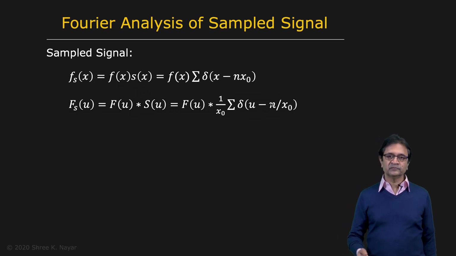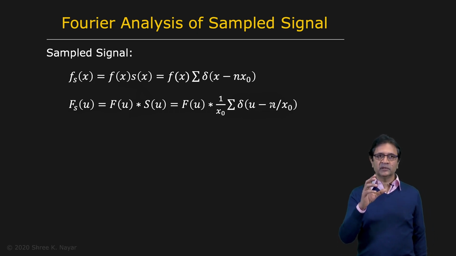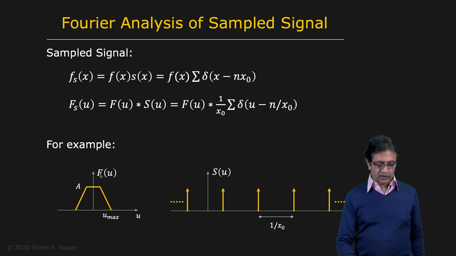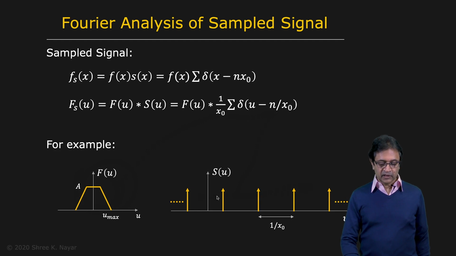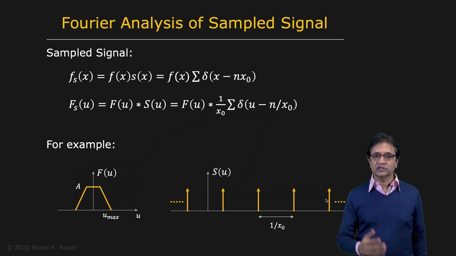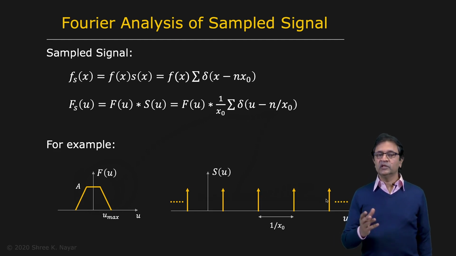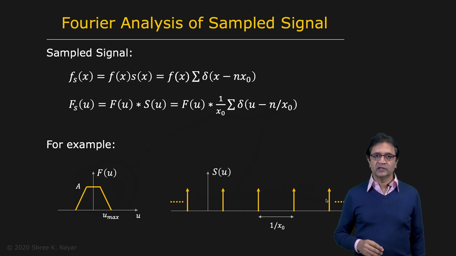So what does this do? Let's say you have a continuous image and you take its Fourier transform. And let's say that happens to look like this. This Fourier transform is being convolved with the Shah function, the impulse train right here. So what's that going to look like? Well, we know the sifting property of the delta function.